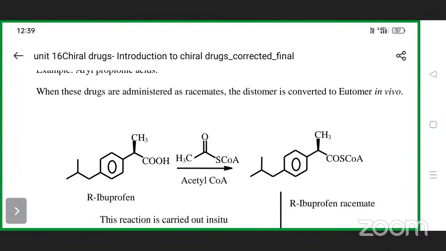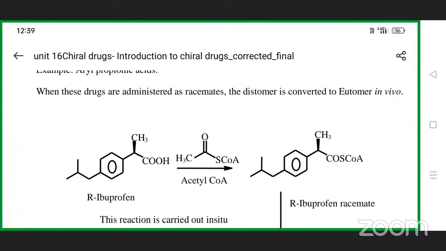Okay, so when we are taking the racemic form, R-ibuprofen is an inactive compound. It is a distomer of ibuprofen, the inactive compound. So we are making this R-ibuprofen an active compound by treating with the enzymes.